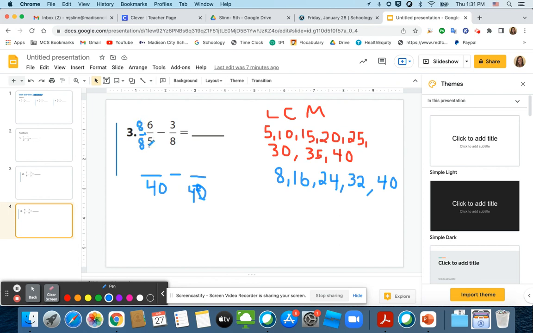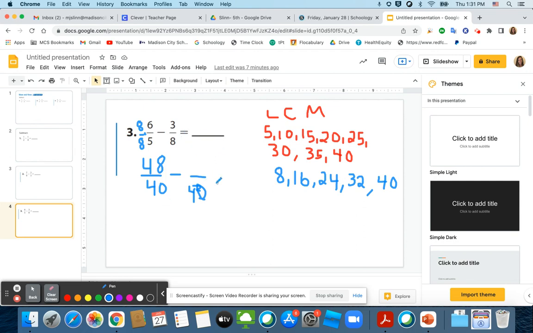If I multiply my 5 by 8, I must also do the same thing to my top number. So 8 times 6, what does that give me? 48, okay. And that makes sense because 6/5 is an improper fraction, so my new equivalent fraction is also improper.